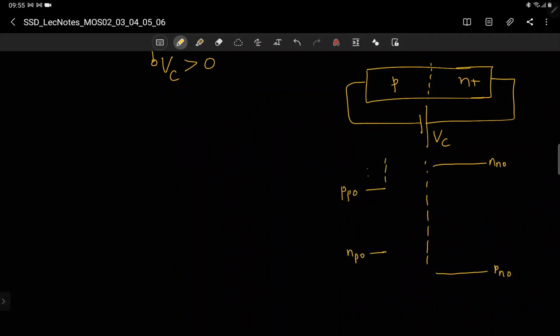So this is the edge of depletion. If this is the edge of depletion, I will have the carrier concentration coming down like this, and then increasing like this.